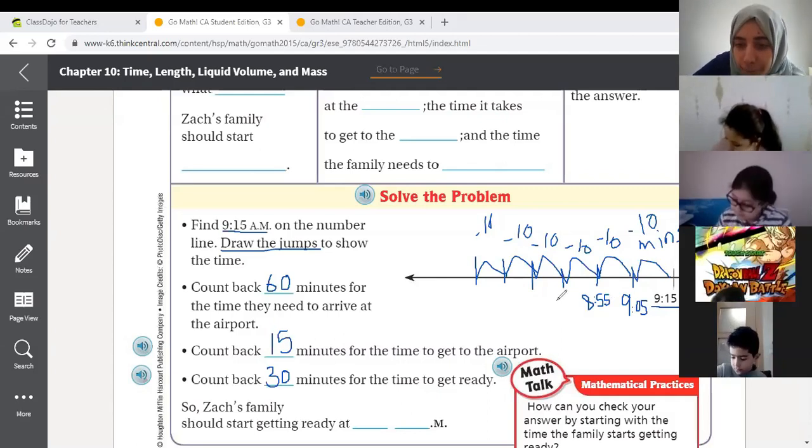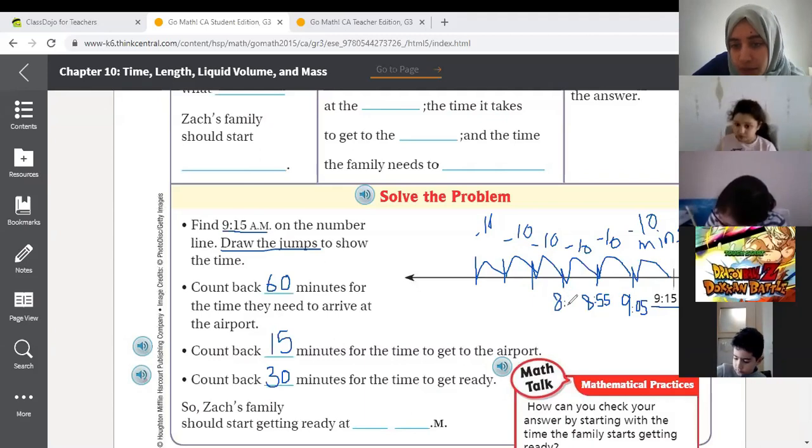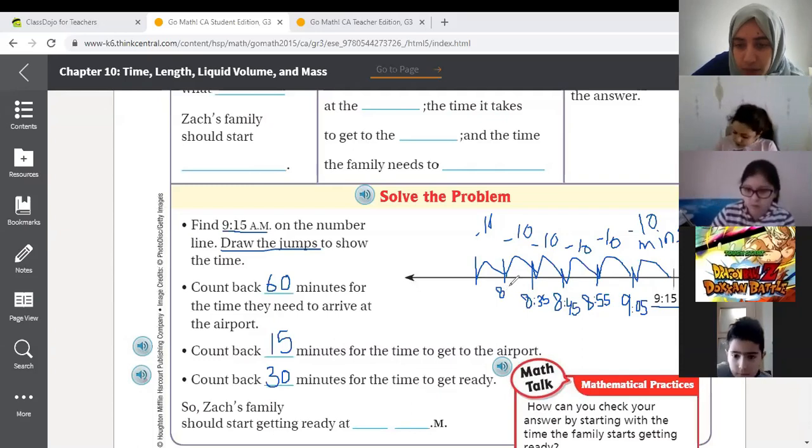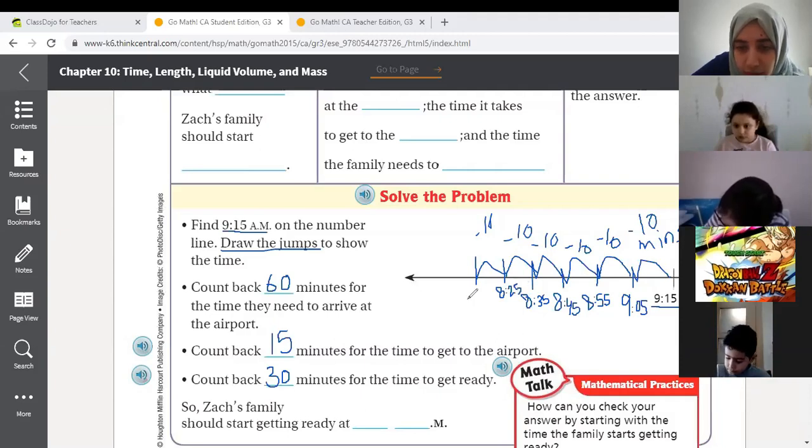It's going to be 8:55. We need to subtract again by 10, and it will be 45 minutes after 8, 35 minutes after 8. Try to make your handwriting small and neat. 25 minutes after 8.